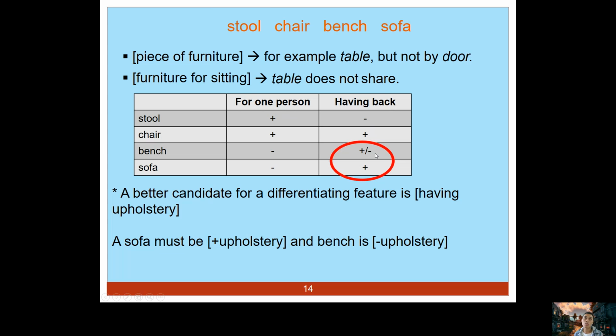It will be false or true, having a back or not. And a sofa is not for one person, because you know a sofa is for many people, and it has a back. A better candidate for differentiating feature is having upholstery: a sofa must be upholstered and a bench is upholstered. I will explain the difference between these.